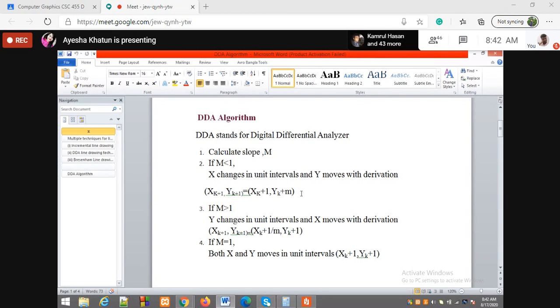You have to follow that algorithm, and we will go through the derivation of how yk plus m comes. If the slope is less than 1, only the x unit will be incremented by 1, but the y unit will be incremented according to the derivation. This is what we have got from the algorithm.